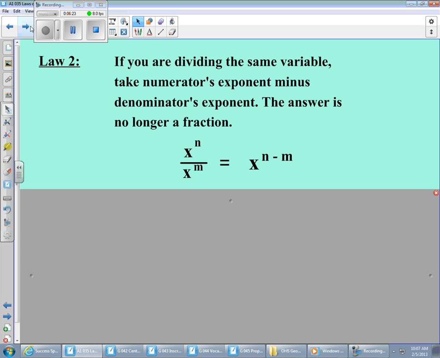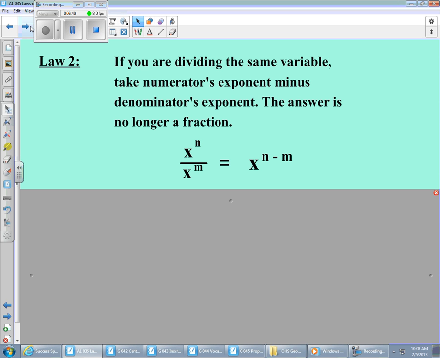This rule's a little bit more complicated to learn, okay, but again, once you just get it memorized, it will become common for you. But the rule basically says if you have two bases that are the same, x divided by x, like you see right there, then the rule says what you're going to do is we are going to subtract the exponents. Okay? We're going to subtract the exponents.